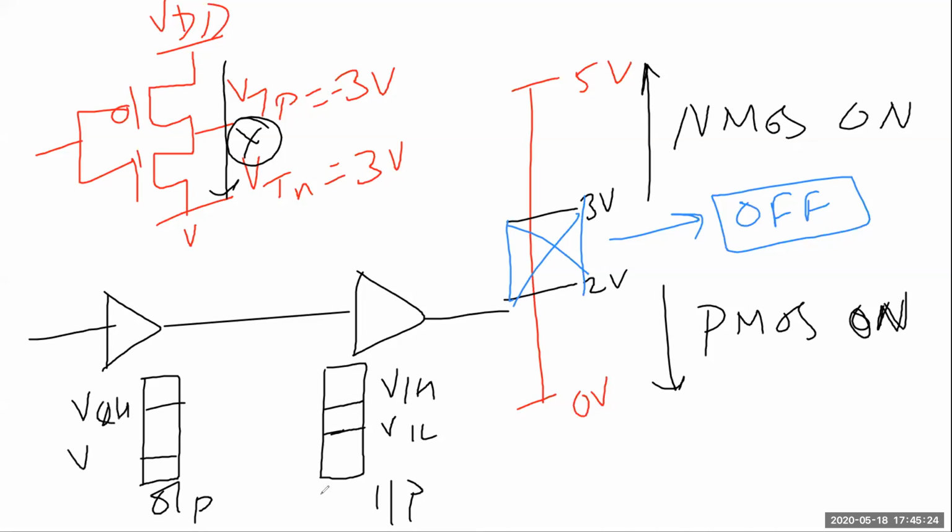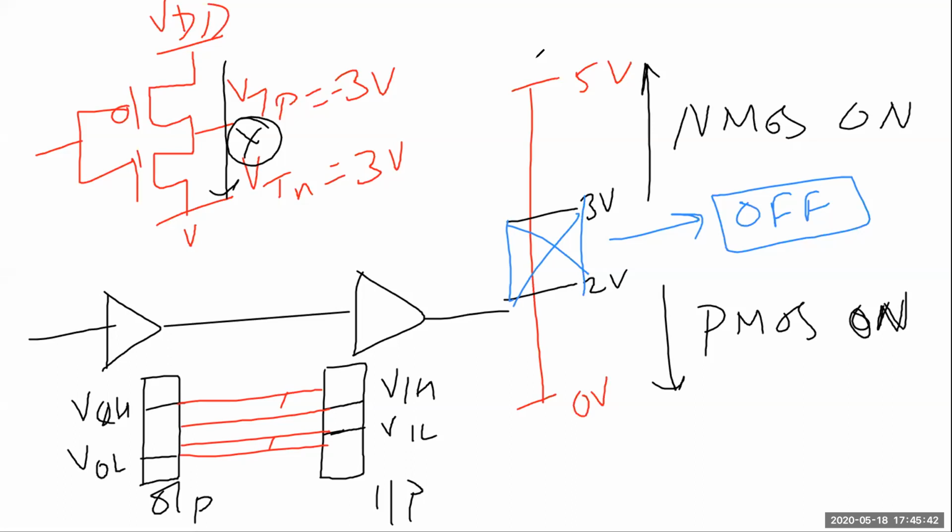So this portion, this difference, is what we are talking about. Now in this particular scenario, first we have to see what is going to be my VOH and VOL.